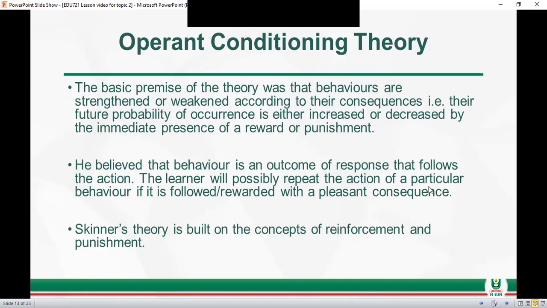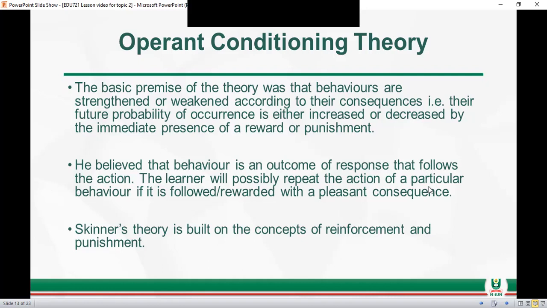The learner will possibly repeat the action of a particular behavior if it is followed with a pleasant consequence. Of course, if you do something and somebody gives you a reward for it, you want to repeat that action. It's what we do all the time. All the theories are very relevant to the classroom situation, including Skinner's one that we are treating right now.